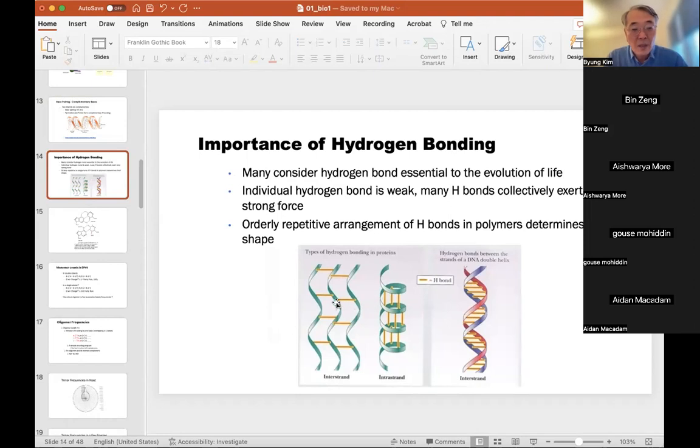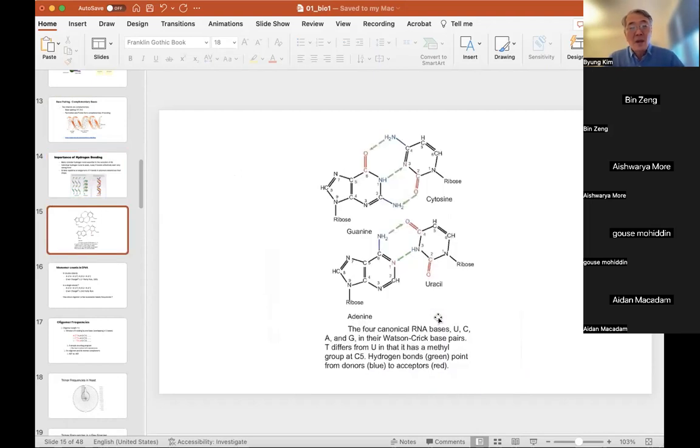So you have 2 bases, say A and T, and they are connected by hydrogen bonds. And if you take a look at the hydrogen bonds between C and G, they have 3 hydrogen bonds, 3 bonds between C and G. And A and T, or A and U, you only have 2 bonds.